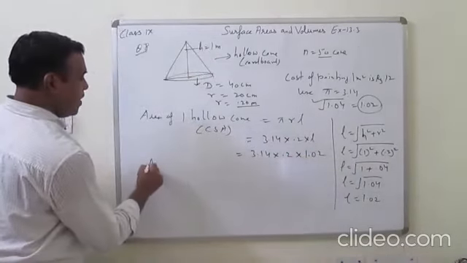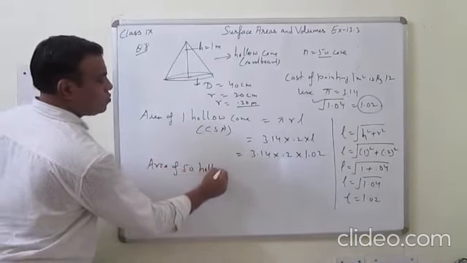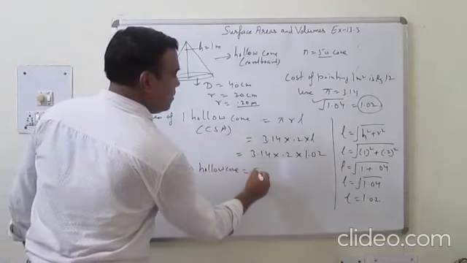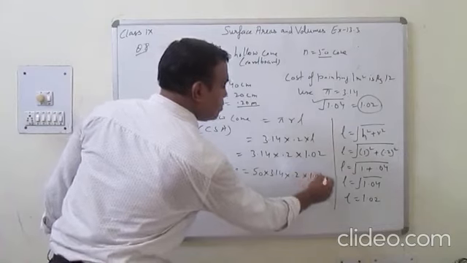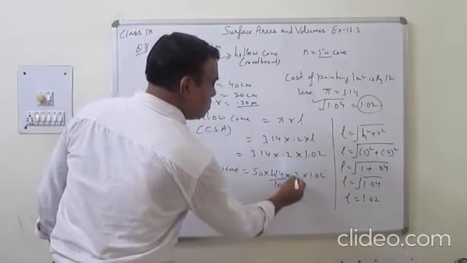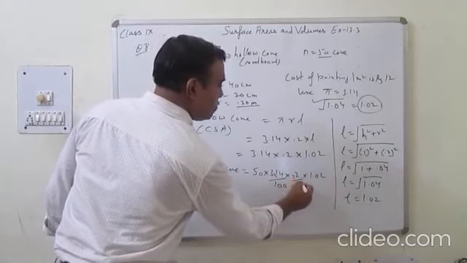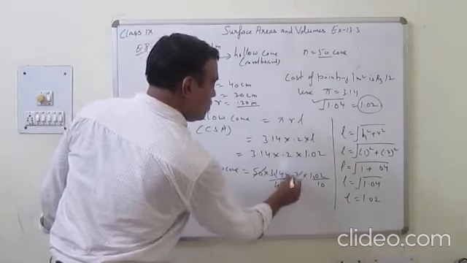Now you have to find area of 50 hollow cones. So multiplied by 50: 50 into 3.14 into 0.2 into 1.02. If you multiply it, this will come down, this 50 will cut 2, this 2 will cut.